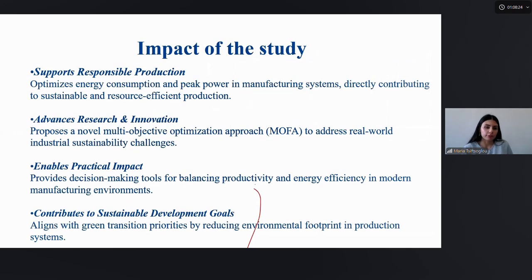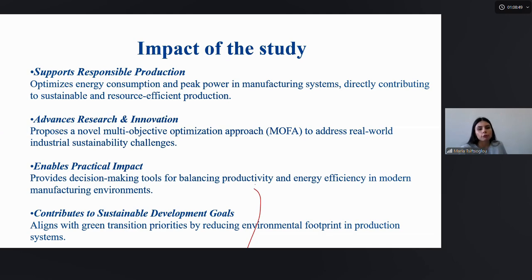And on the impact of the study, I would like to share my views on how my study relates to the goals of EURECA-PRO. I believe that optimizing the energy consumption and the peak power in manufacturing systems is a direct contribution to sustainable and resource-efficient production.